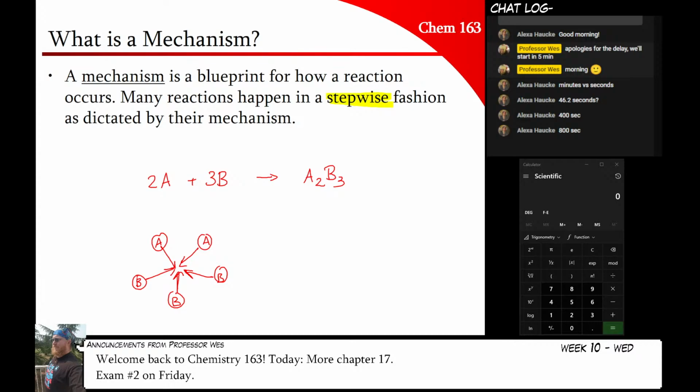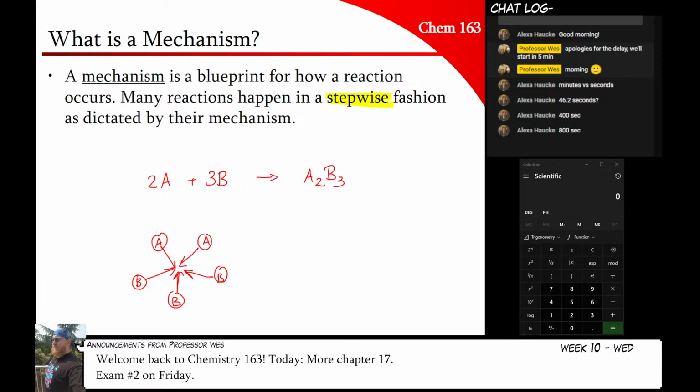And hopefully when you're thinking about this, you're thinking about what are the odds of 5 things crashing into each other all at once? I would hope that the thought that comes to mind is like, probably not, right? Have you ever seen a car accident where 3 cars hit each other all at once? I cannot think of one.